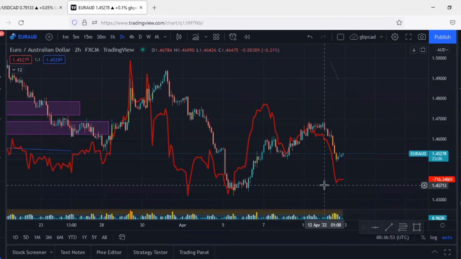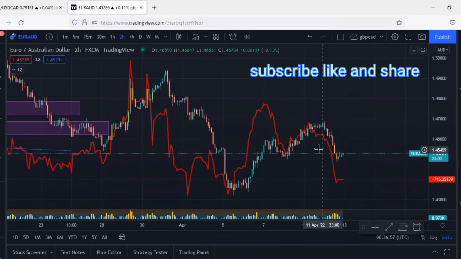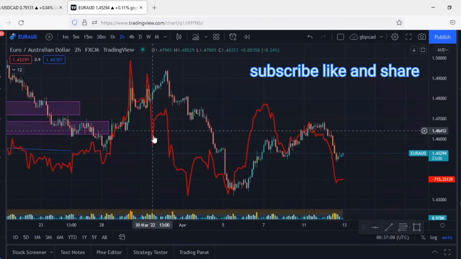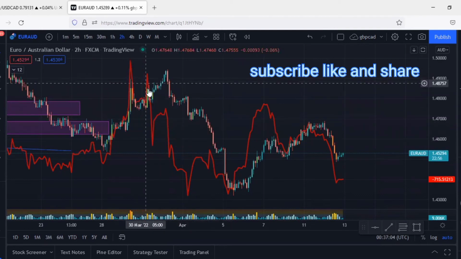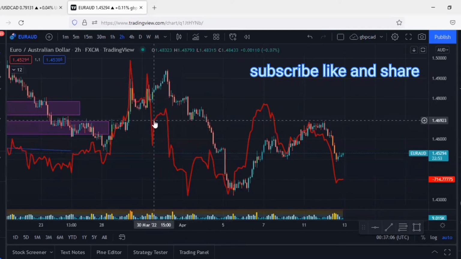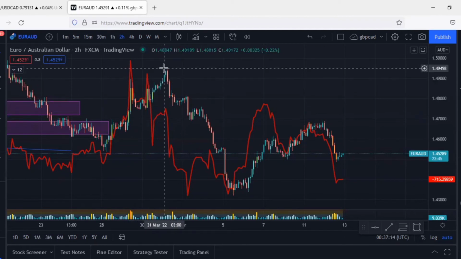Which direction are they going? Then we'll be able to follow that direction. As you can see here, we see a drop in liquidity and the price later drops. The price is not going to drop immediately. If it dropped immediately, it wouldn't give us any chance to enter, and we might not be at an advantage.